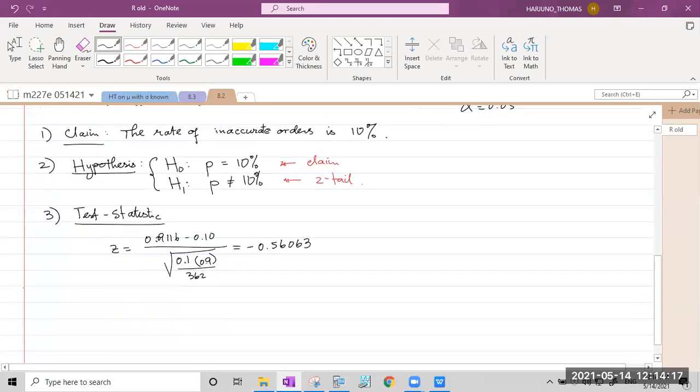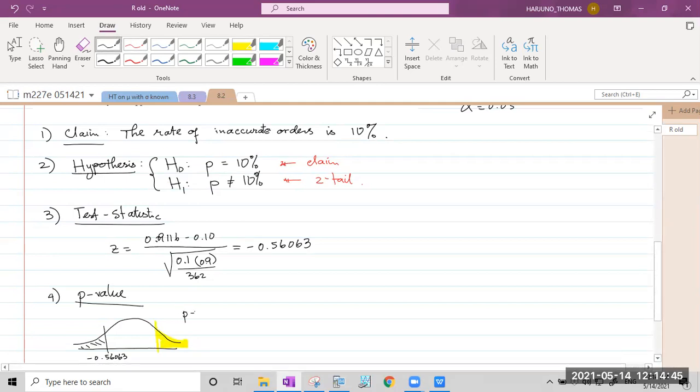So step 4, p-value. I have the test statistic negative 0.56063. I need to find the area there, but then I need to double it later on because it's two-tailed.